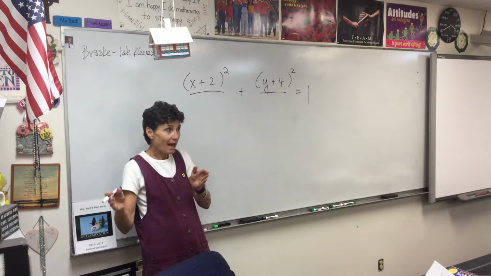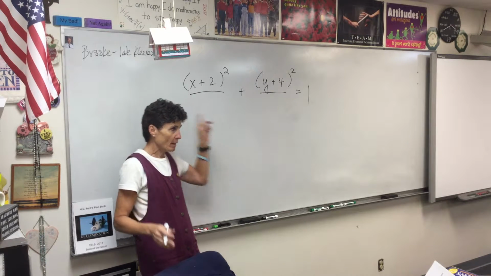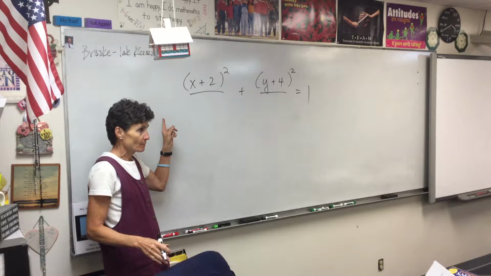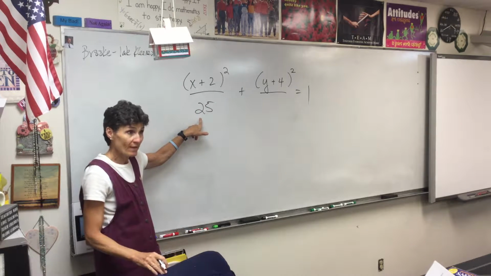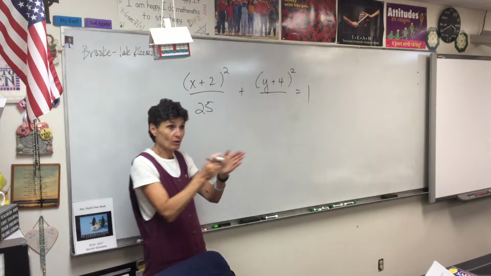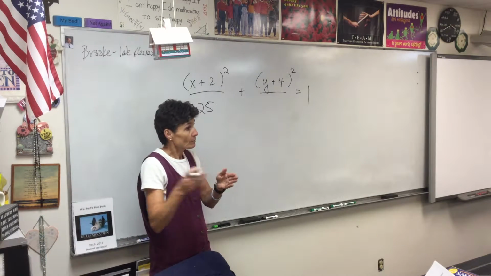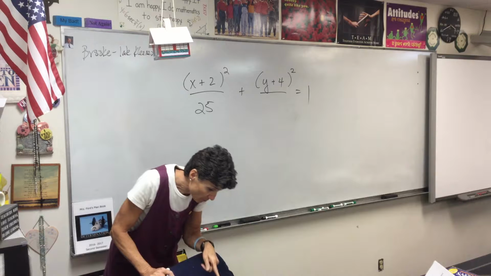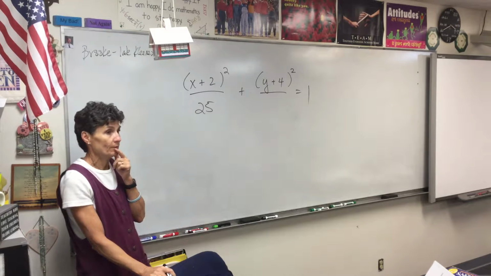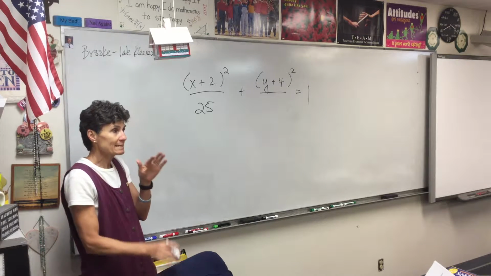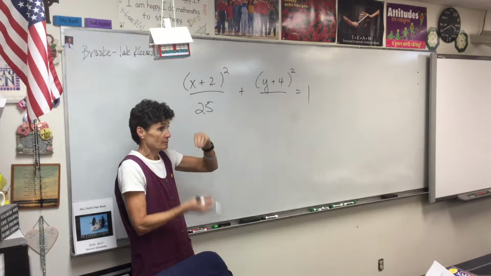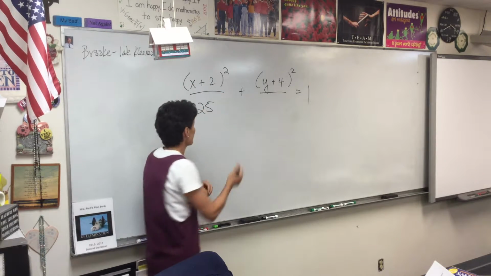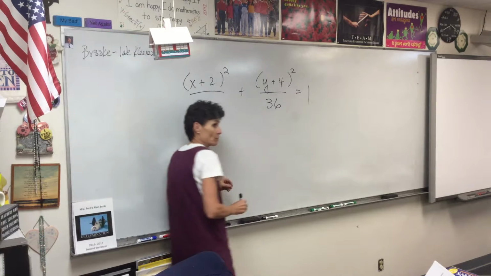And if it went 5 each way, then what number has to be in the equation? 25. Because remember, you take the square root of that number to tell you how far to go. Right? Now, the other axis is 12. Now, what does that mean? That means you went 6 each way. 36. And if you went 6 each way, that number has to be a 36.